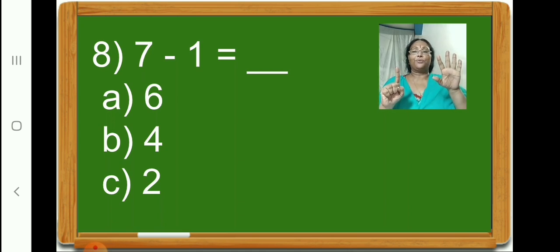Because we are going to minus 1 from 7. Now count and see how many fingers are there. 1, 2, 3, 4, 5, 6. Therefore children, 7 minus 1 is equal to 6. Now let us select the correct option A, which is the correct answer.